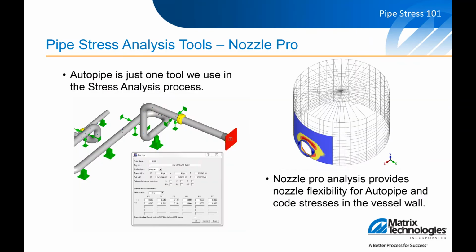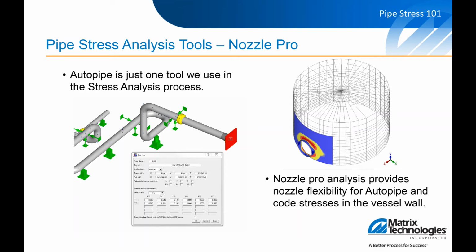Now, Brandon mentioned Nozzle Pro from Pollen Research, which is a nice piece of software. What this allows us to do is model the nozzle connection on a pressure vessel or a tank and look at the local stresses. And the other thing it allows us to do is get the flexibility.